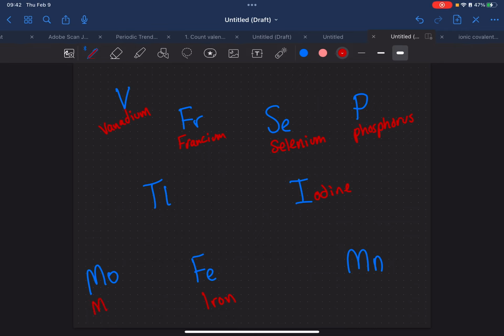Mo is molybdenum. Molybdenum, that's a weird name. And Tl is thallium. See, I almost said tellurium there. Oh, Mn is manganese. You'll get better at reading those names and saying those names. It just comes with practice.